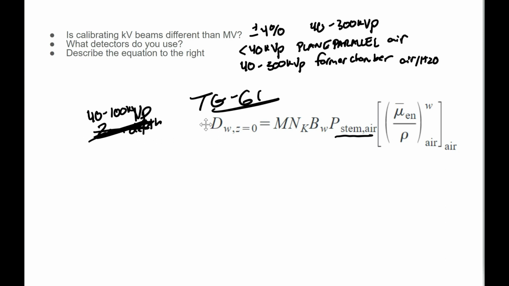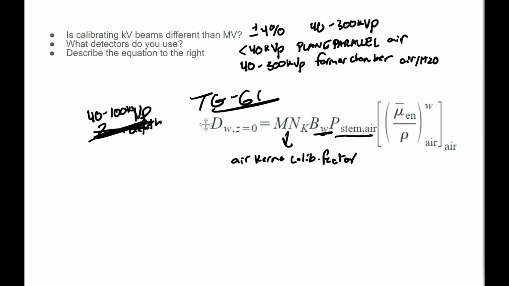M is just our readings, our measurements, corrected. N_K here is called the air-kerma calibration factor. The B_w is something that should also clue you into, hey, this is different than the TG61 for water, because this is the backscatter factor, which accounts for the buildup in water compared to air.